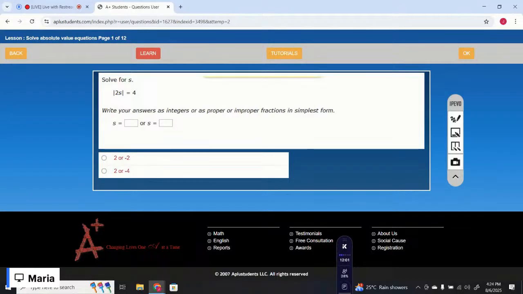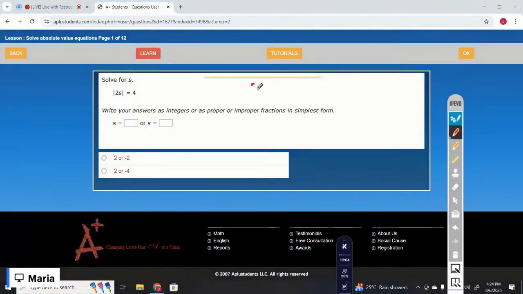The absolute value of s equals 2. So we have two values, the positive one and the negative one.